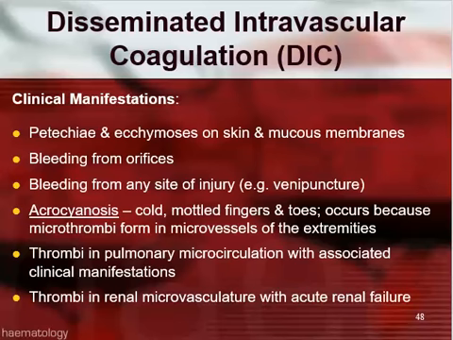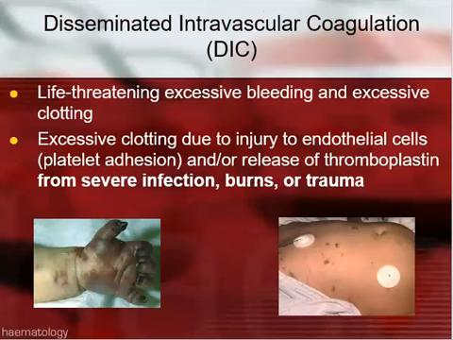And so this can be a very real problem, and this can cascade out of control very quickly. It can become life-threatening. So we get this excessive bleeding and excessive clotting happening simultaneously. This poor kid's hand here is what we're looking at. These are the petechiae here.